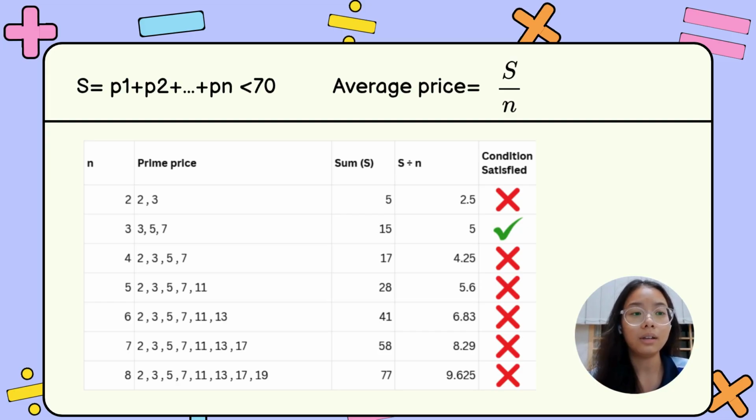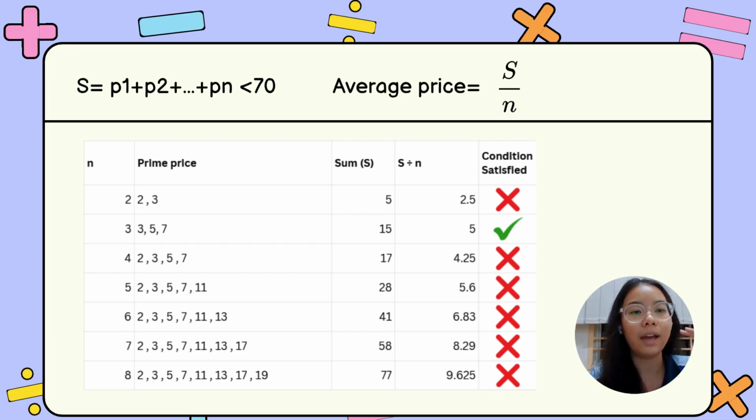Now let's look at n equal to 3. The prices are 3 plus 5 plus 7 equal to 15, so the total bill is 15, and the average price is 5. This satisfies the two conditions: the total bill is less than 70, and the average price is a whole number.